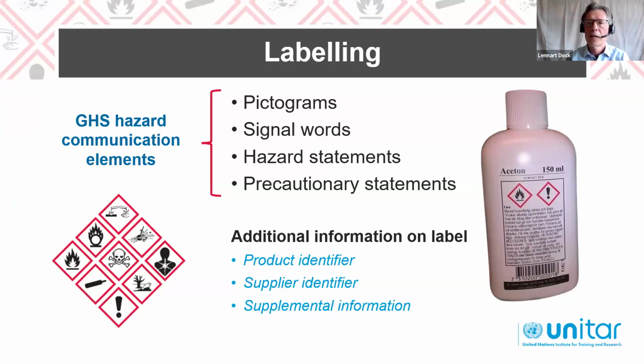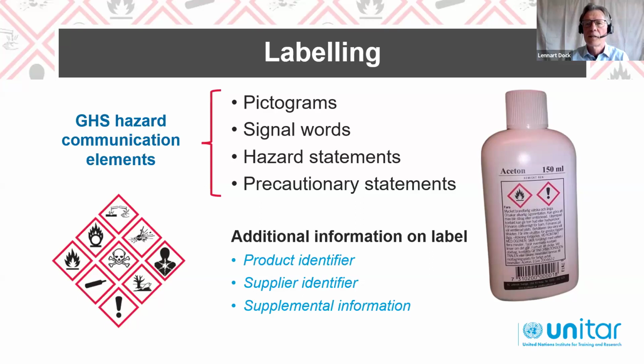If you go from category 1 to category 5, you may change the pictogram. Signal words, there are 2: danger, which is for more severe hazards, and warning for not so serious hazards. We have hazard statements, and they describe the hazard in some detail. And then you have precautionary statements, and they guide you on how to handle the chemical, how to avoid accidents, and how you dispose of and store the chemical.